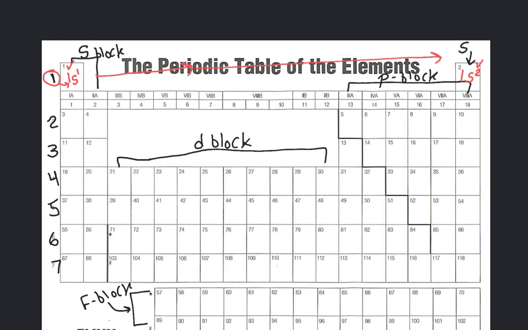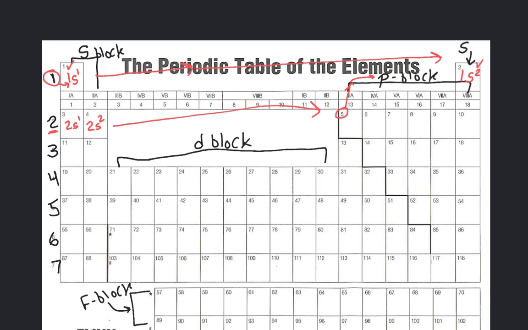Then we go down here to energy level 2. Now we're still in the S block, but we're in row 2. So this is a 2S1, which makes this a 2S2. Now, when we move to the right, you'll notice there's a lot of empty space here. And when we get over here to element number 5, we're actually in the P block.